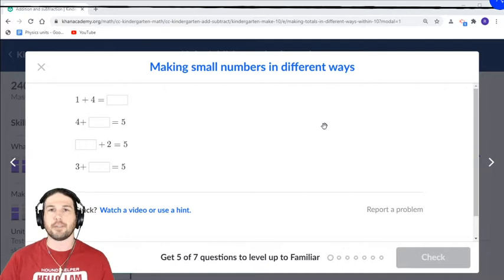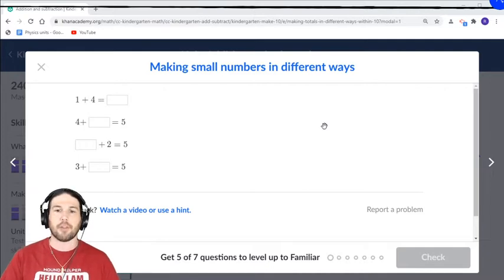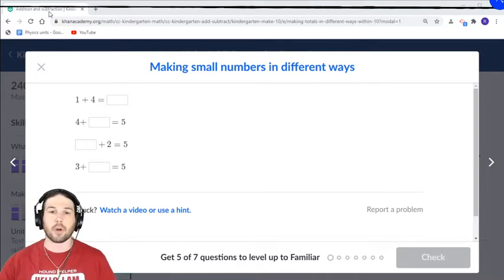And the reason for that is that at this level, at the kindergarten level, we need to be explicitly talking about things like the fact that 1 plus 4 is 5, specifically because 5 minus 4 is 1. That's kind of what we're driving at here.